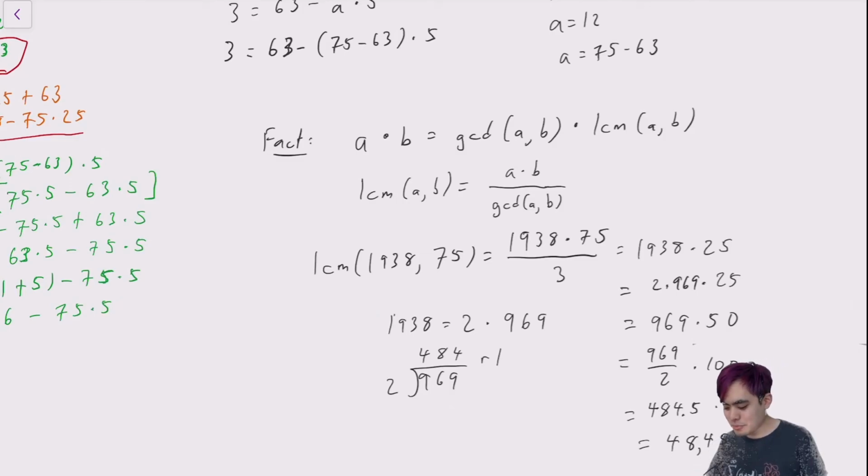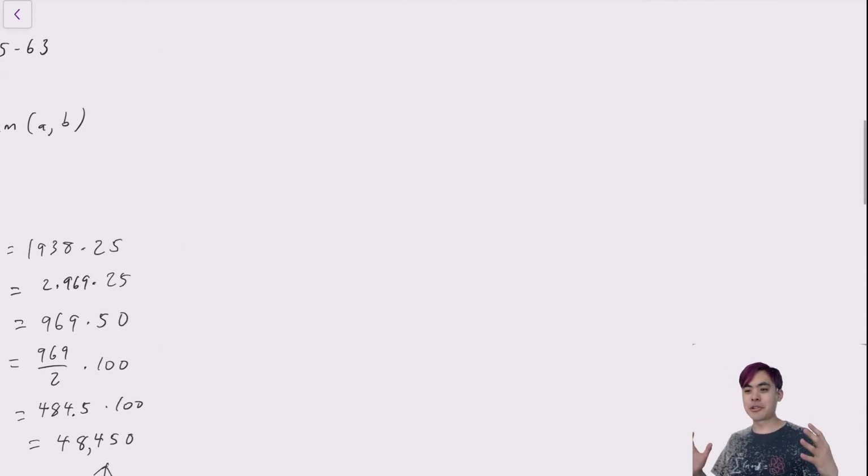Let's make up some smaller numbers. Having these really big numbers can be confusing, right? So let's make up a couple of smaller numbers and try to figure it out, and then we'll think about getting bigger and bigger numbers. Let's start with something super easy. Let's start with 6 and 9.